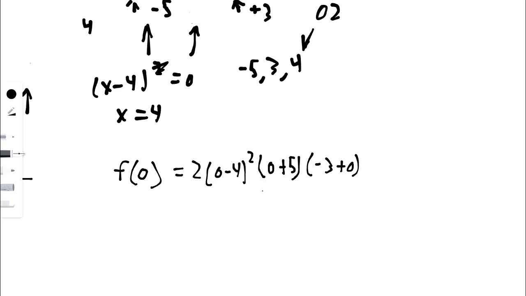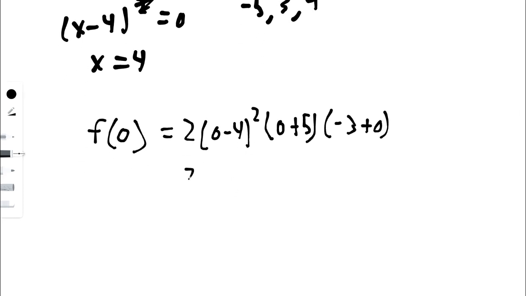So this will be 2 times 16 times 5 times negative 3. Put it into your calculator. I got negative 480, so I'm just going to check back on Desmos to make sure this is all good.